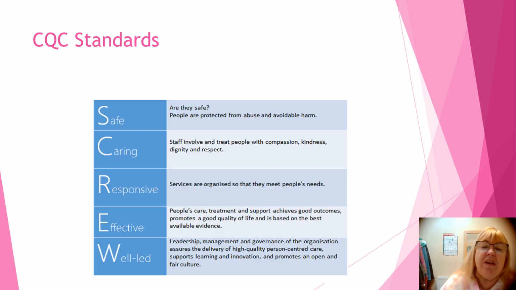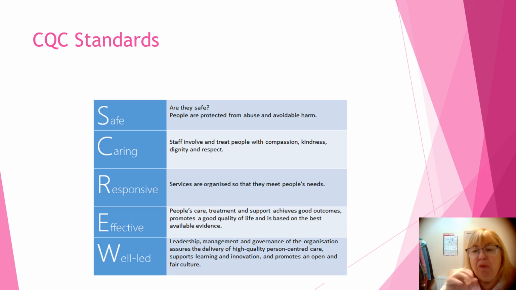The CQC standards are, and it's an unfortunate word that it creates, safe, caring, responsive, effective, well led. That's what they're looking for when they register people. To be safe, are people protected from abuse and avoidable harm?